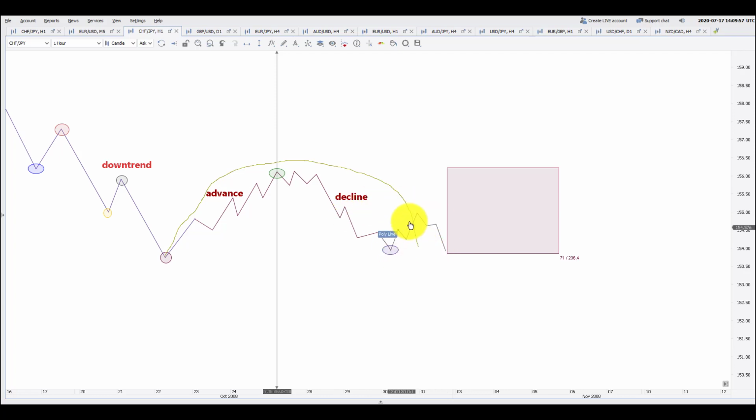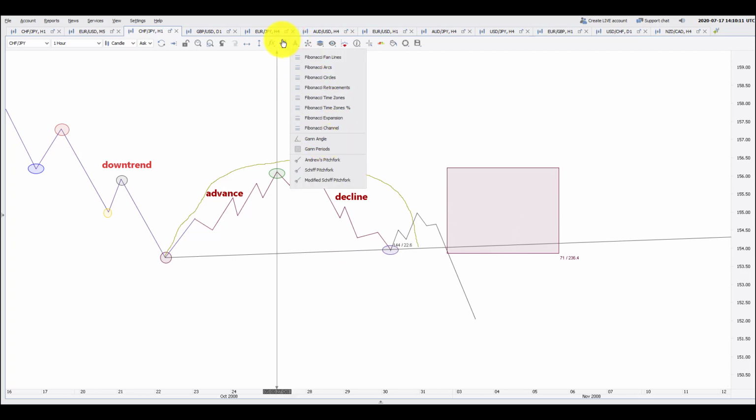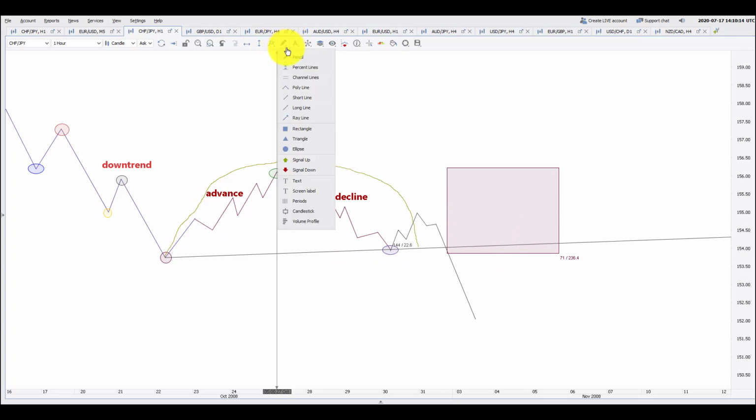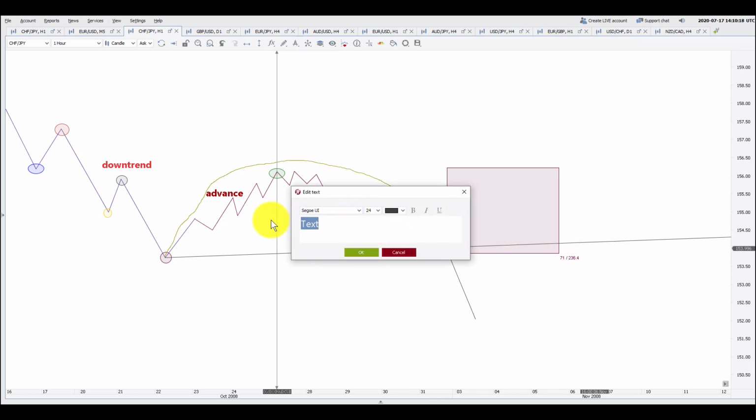But this handle eventually breaks below this low. Now if you make a ray joining these two lows, you will get the neckline. So this becomes your neckline. Those who are seeing my webinars continuously must know what a neckline means.